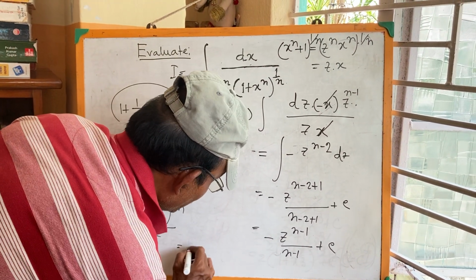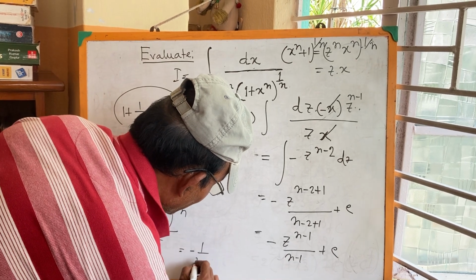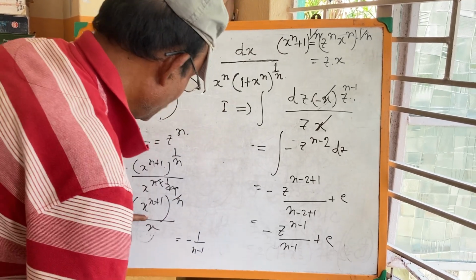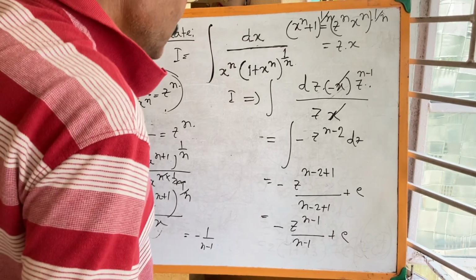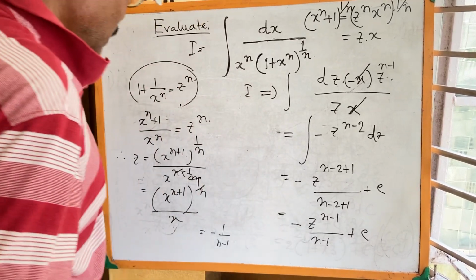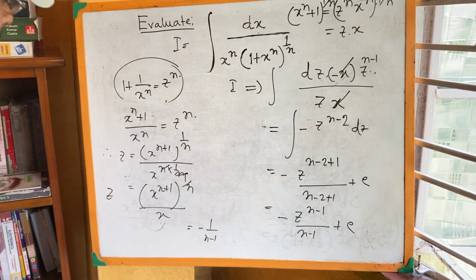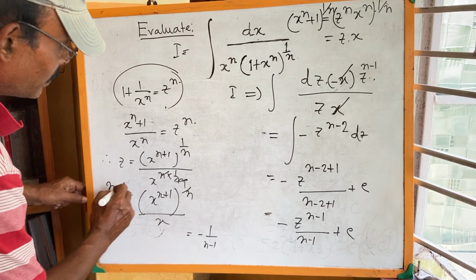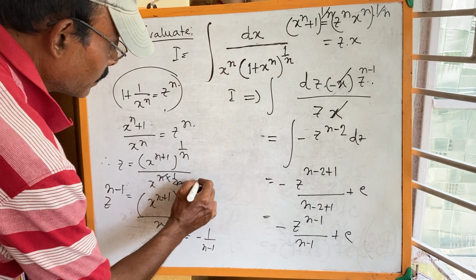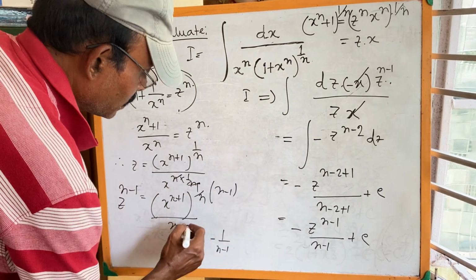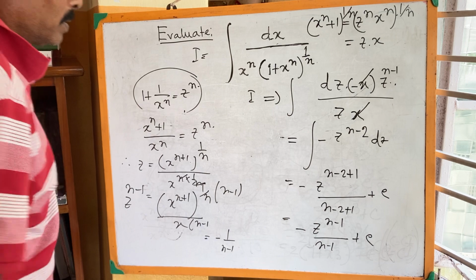So this will be minus 1 by n minus 1, the value of z, this. So z to the power n minus 1 will be n minus 1 by n minus 1.